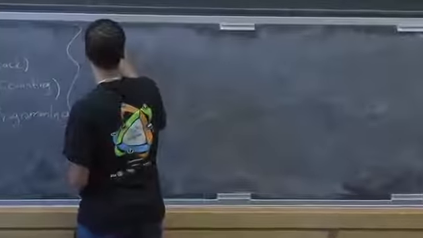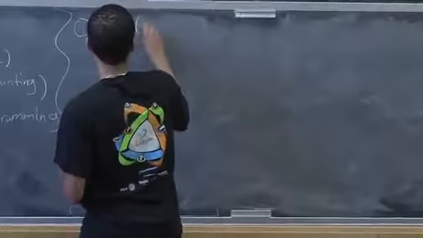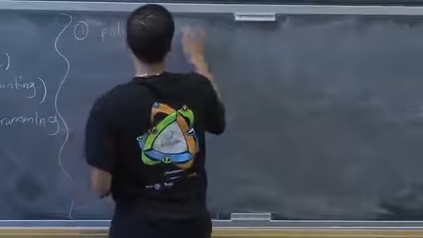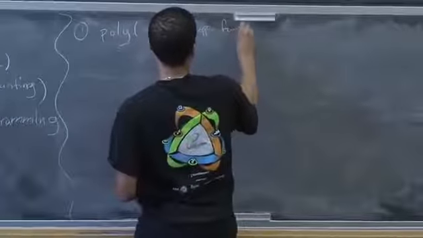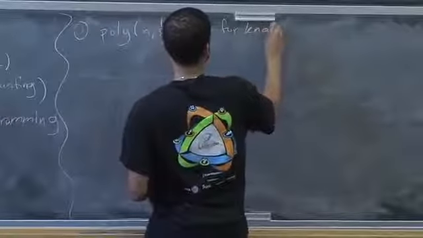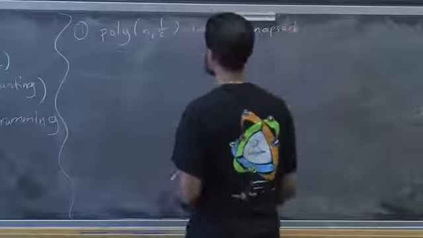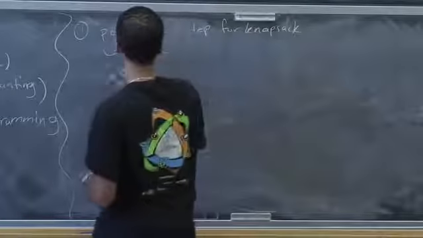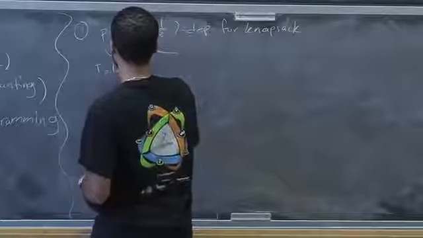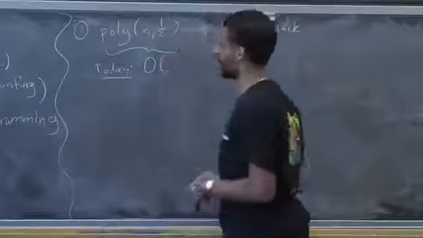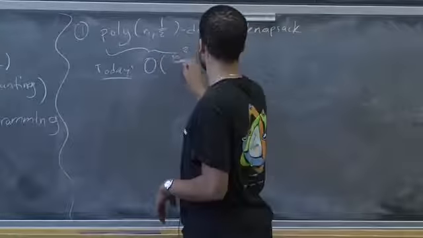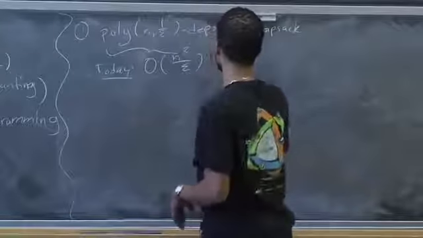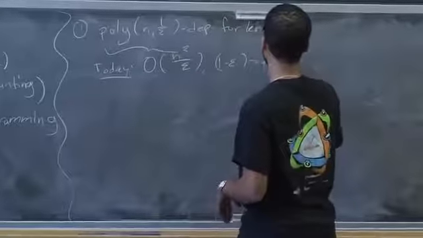So we want poly in n and 1 over epsilon for knapsack. Today we'll see a very simple algorithm that gets you a 1 minus epsilon approximation in time n cubed over epsilon.